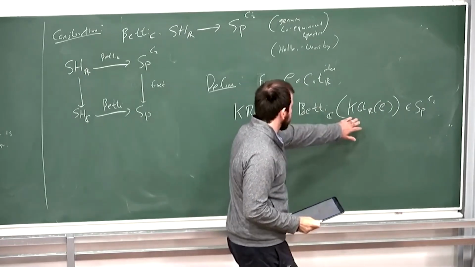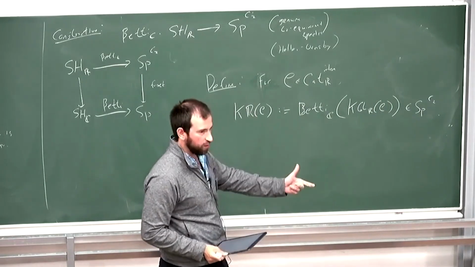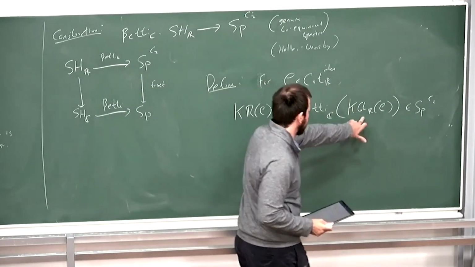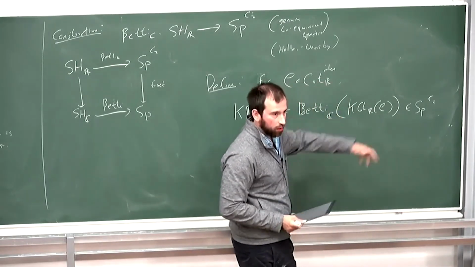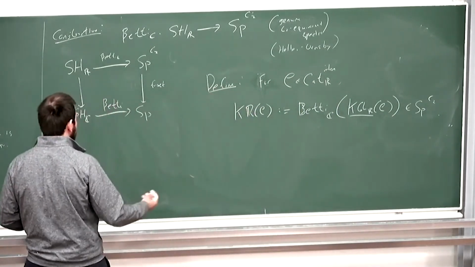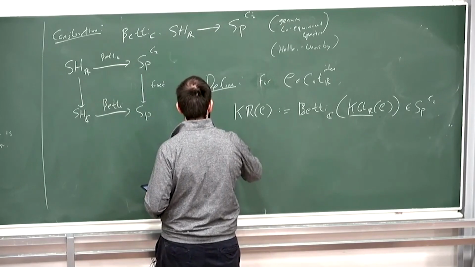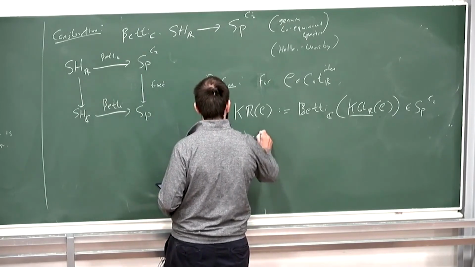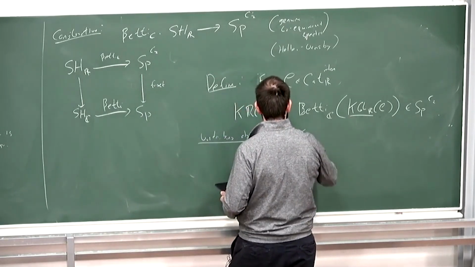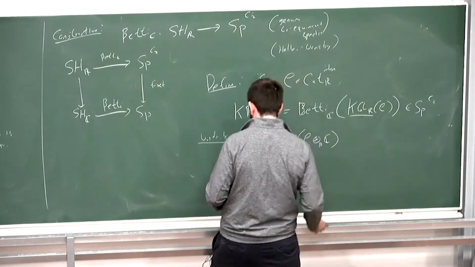The same thing as before, when you have this functor from DG categories to non-commutative motives, and then to commutative motives or motivic spectra, and this is the notation I use for the KGL module in R-linear motives, and you apply this Betti realization there. And again, the underlying object of this will just be K top of C tensor over R with C.